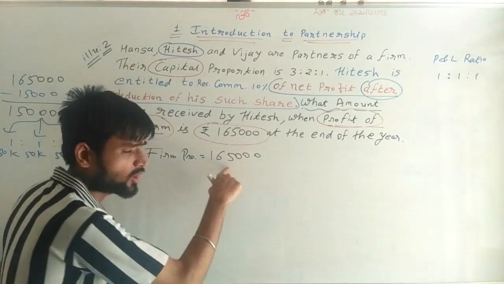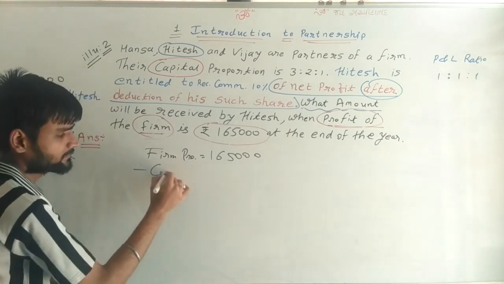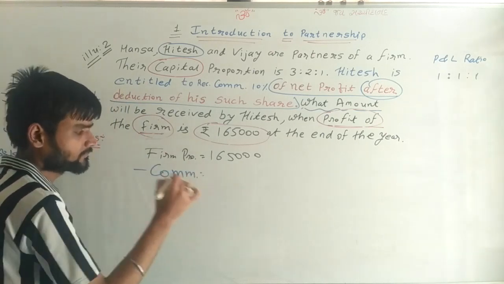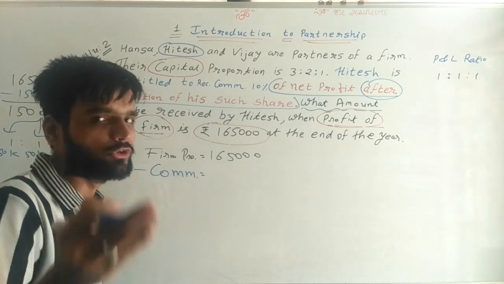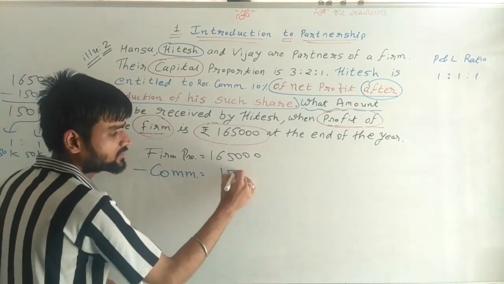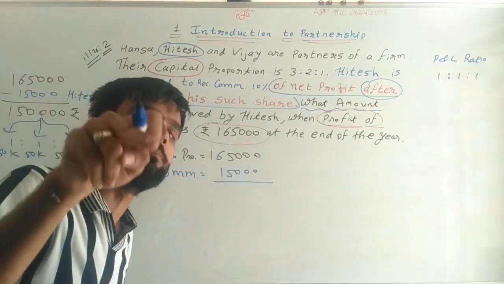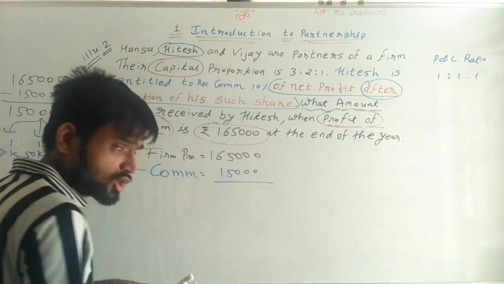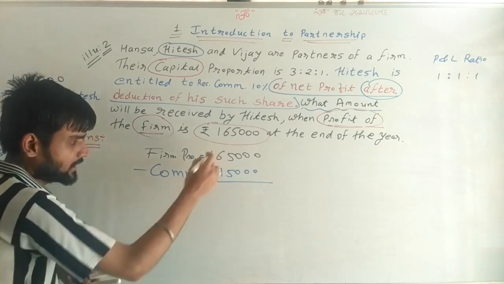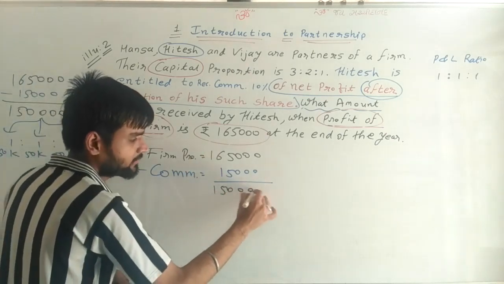Now from this firm profit we are deducting commission, because this commission is paid to Hitesh. So 15,000 is the commission of Hitesh that we have calculated on the basis of firm profit. So what is my remaining profit? My remaining profit is 1,50,000.